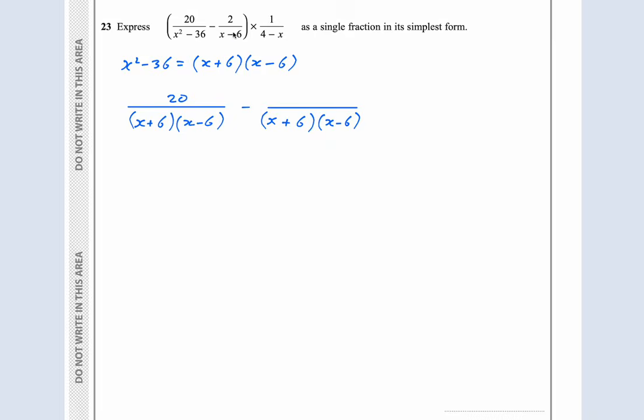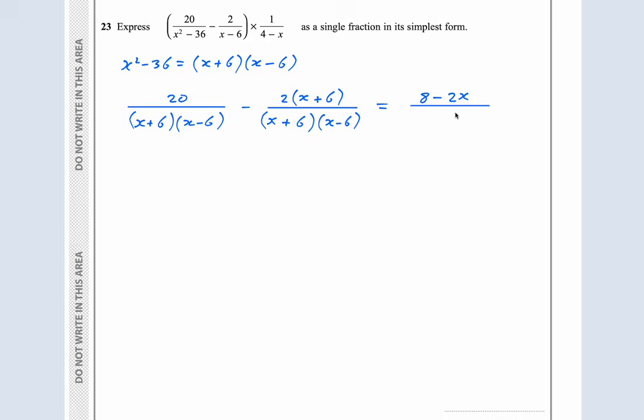I multiplied the denominator by x plus 6, so I multiply the numerator by x plus 6. Let's just do this. It's 20 minus 2x minus 12, because this is 2x plus 12, and we're minusing it. So it's minus 2x minus 12. So 20 minus 12 gives me 8. 8 minus 2x. Just be careful, guys, with that extra minus.